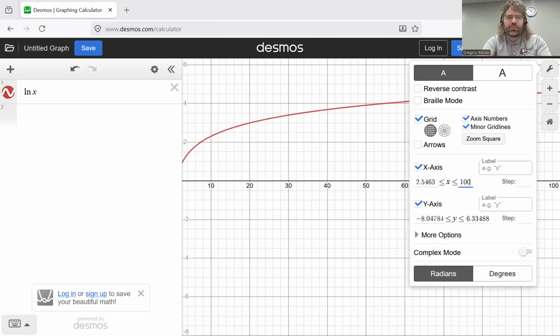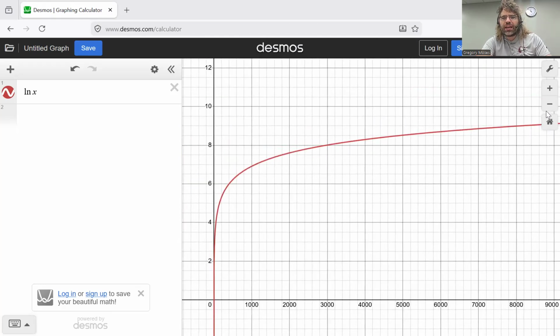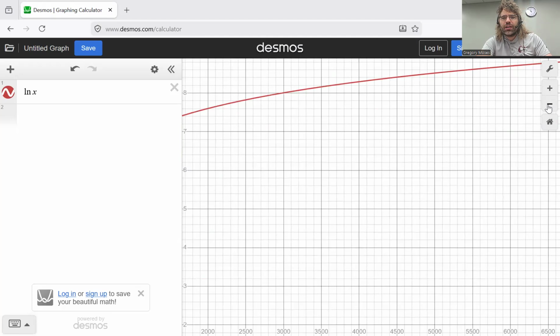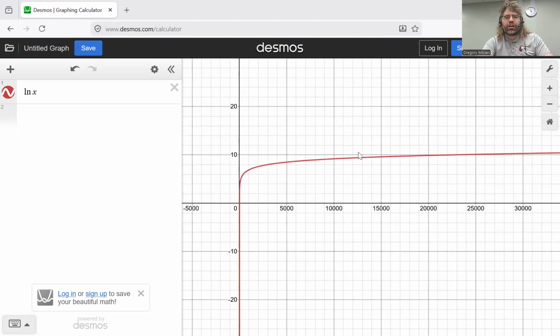Like if we let x go all the way out to 10,000, the logarithm is still sitting around 10 or so. So it's an increasing but extremely slow growing function. And for our purposes, that's almost enough.